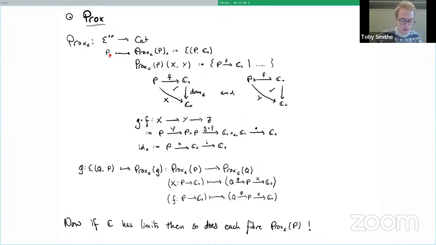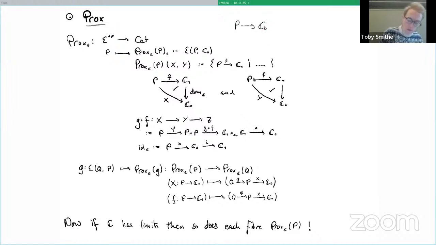So for some object P in E, this is going to be, again, our object of parameters. I'm going to define a category prox of P. Its objects are going to be the arrows, the generalized elements with domain P. So they're going to be the P-shaped generalized elements of this object of C objects, C0.